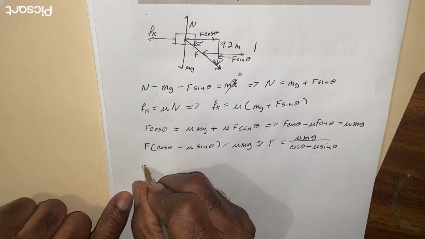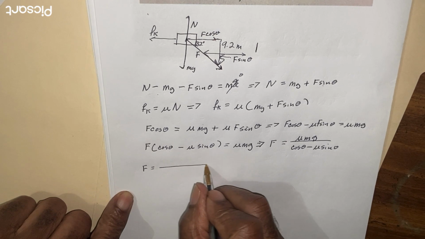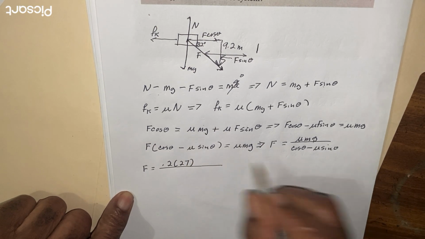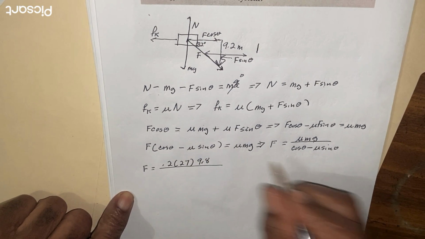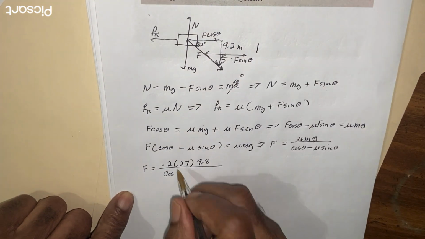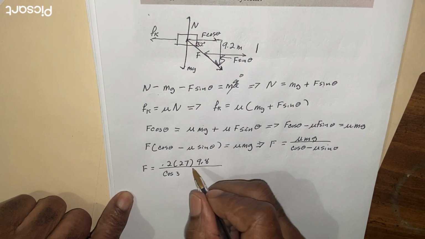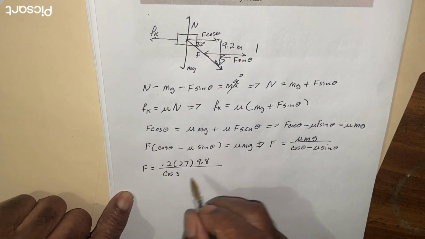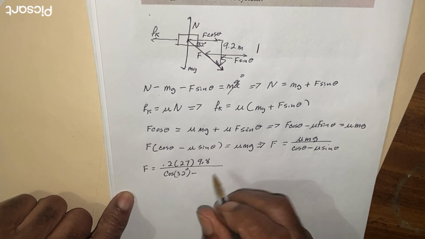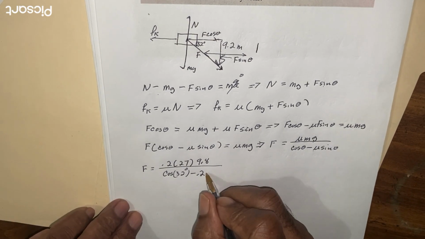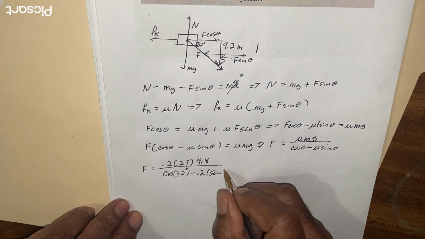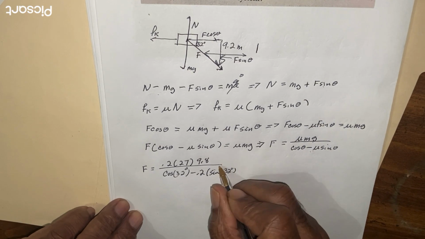So F, plugging in some values now, is equal to 0.2 times 27 kilograms times 9.8, divided by the cosine of 32 degrees below the horizontal plane, minus 0.2, that's mu, times the sine of 32 degrees.